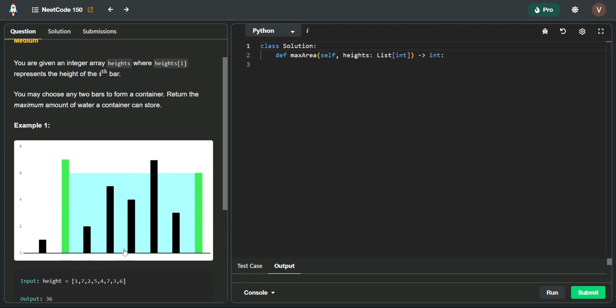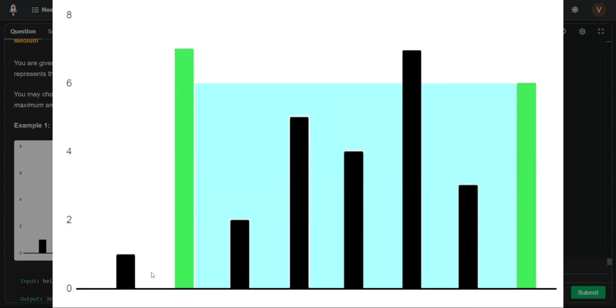We do that with width times height, and we can use two pointers, a left pointer here and a right pointer here, and then we compare the heights. Whichever has the most height and the most width would have the largest amount of area, right? Then we just calculate it and output our answer.